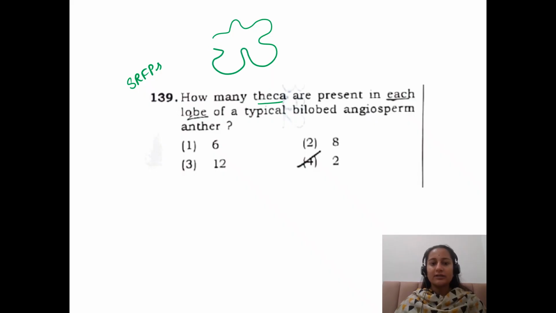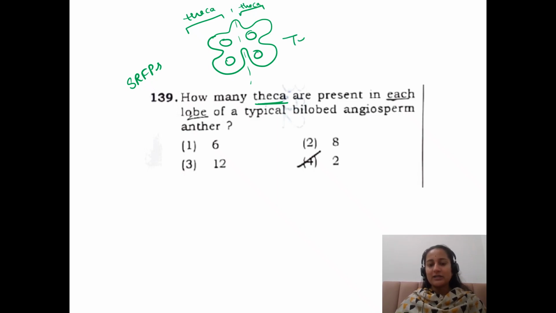Suppose this is an angiospermic anther, this is bilobed. One lobe is one theca, another is another theca. They asked about the theca only. They are not asking about any microsporangium here.